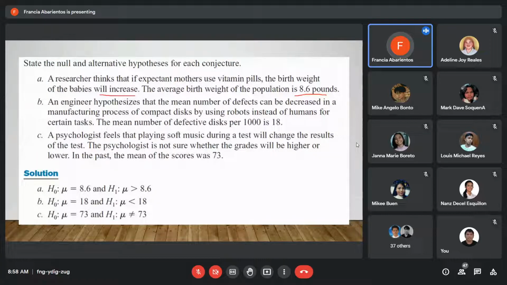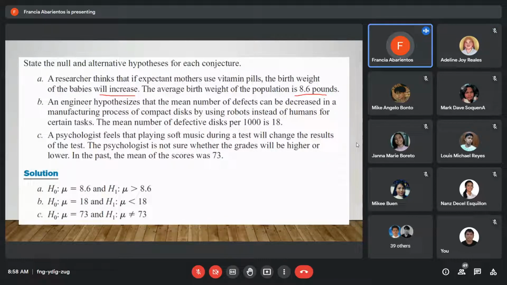What is your answer, class? Class, in letter A, what is your answer? Anyone?